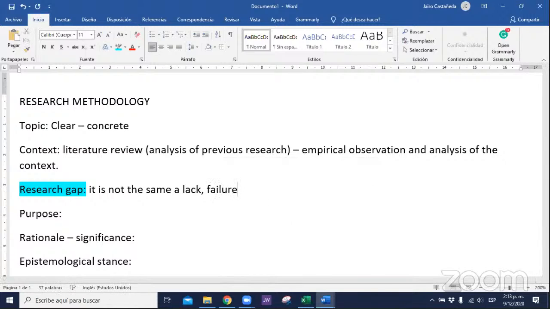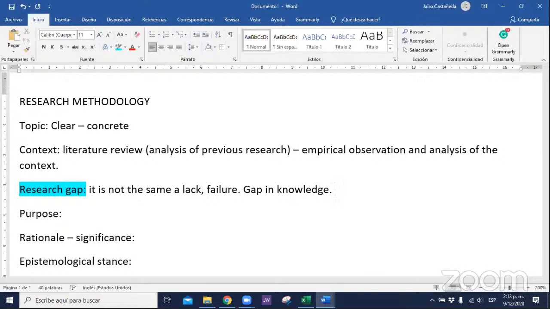It is not a failure, it is not a lag, but it is a gap in knowledge, right? So it cannot be the same as a problem or a failure, but it must be a gap in knowledge.